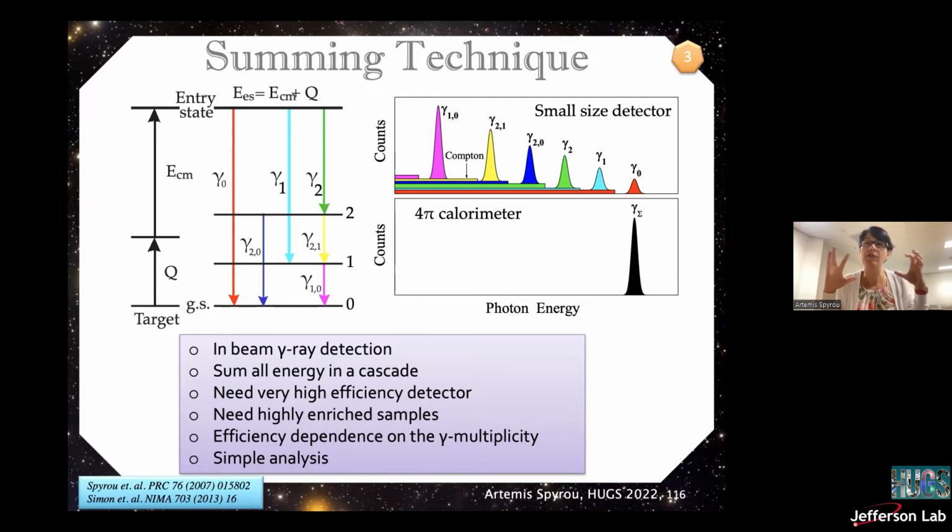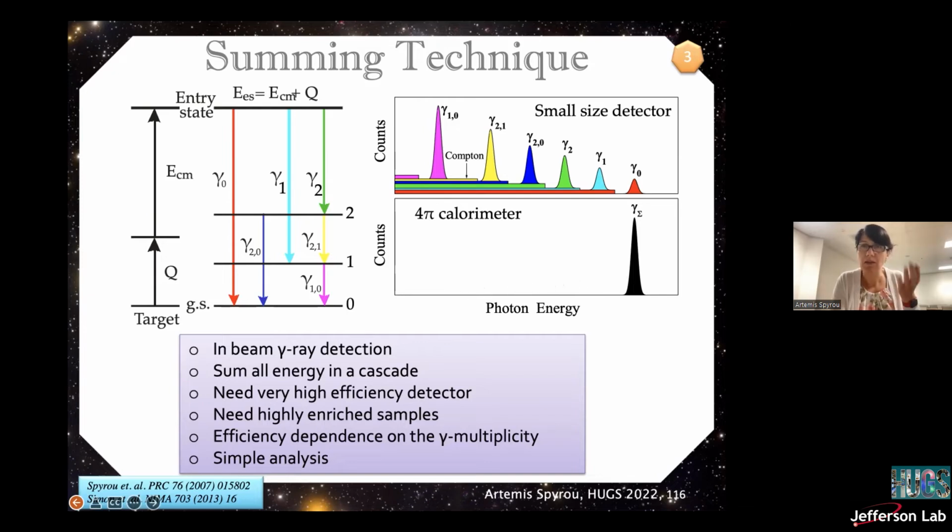If you start to have smaller detectors, or your detector has holes, or dead material in between and so on, then you start to lose all of that. So instead of having just an ideal peak, you would still have a peak, but you have a tail that goes all the way to low energies because of all the losses.